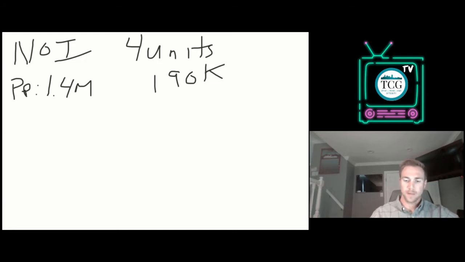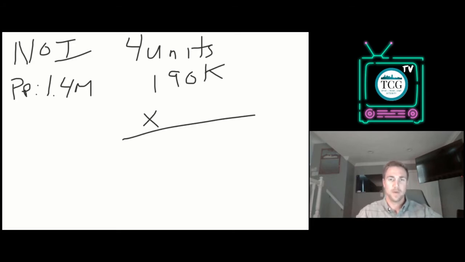So from there, we have to factor in our vacancy factor. On this particular deal, we did a 10% vacancy factor. So multiply that by 90%. So 190, that's 0.9, gets you to $171,000. Okay.